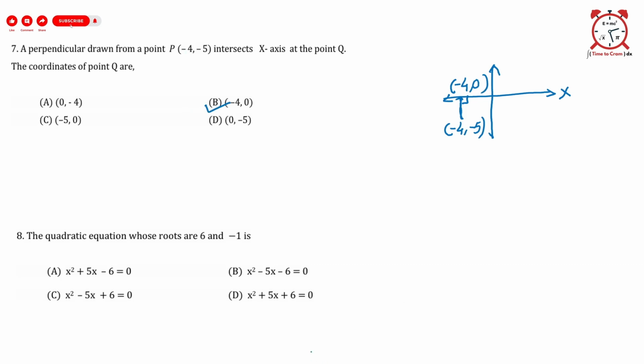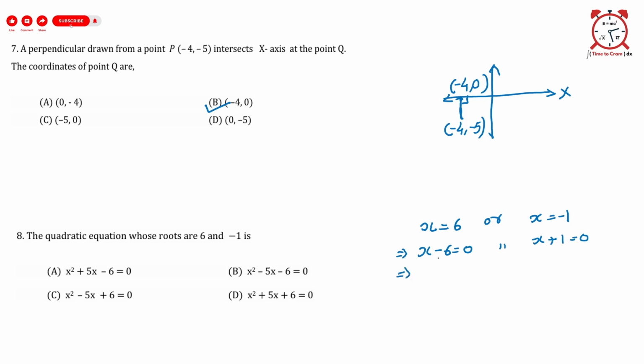Next question, the quadratic equation whose roots are 6 and minus 1 is dash. So here we have to find the quadratic equation. So we have to do the reverse process, x equal to 6 or x equal to minus 1. So x minus 6 equal to 0 or x plus 1 equal to 0.